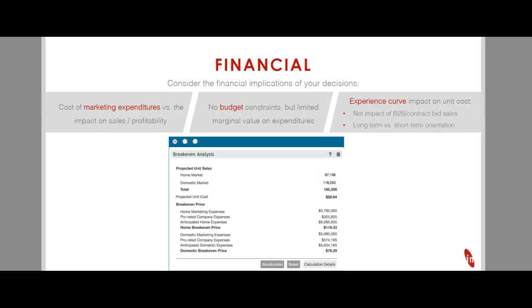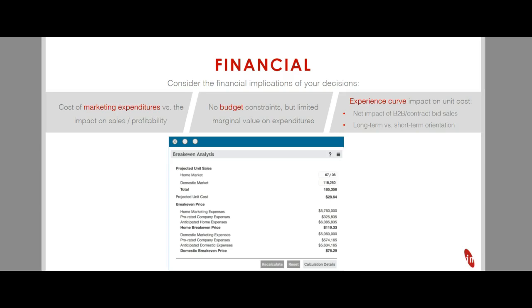You always want to look at the financial implications of your decisions, so the cost of the marketing versus the impact on your sales and profitability. You want to look at the marginal value on your expenditures. What does this mean? How much are you spending, and how does that marginally apply to the value of your company in terms of profitability and sales?